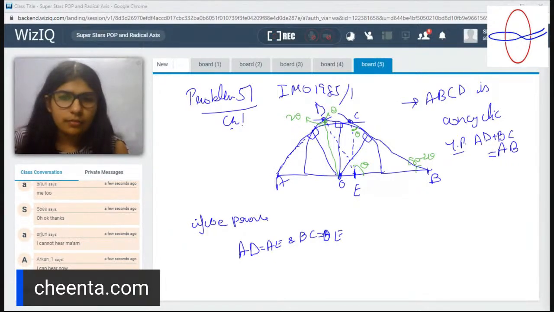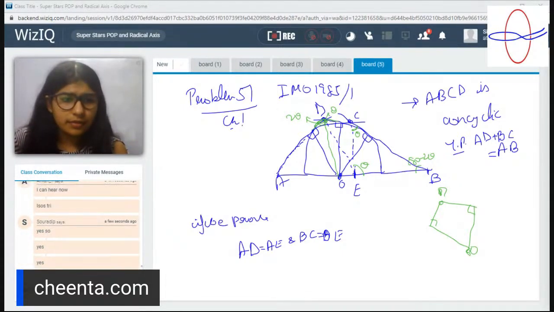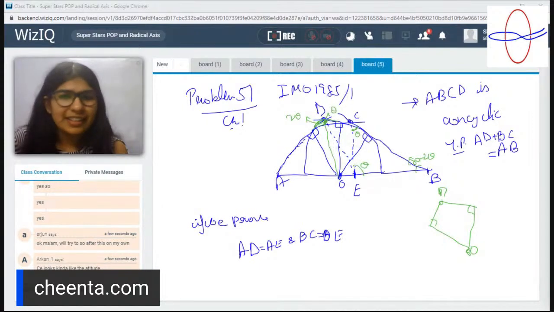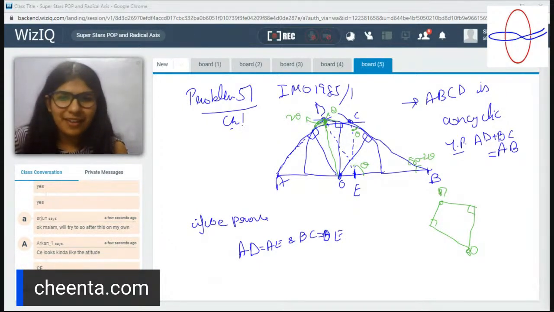Because these two are tangents from O, with the perpendicular component. This angle is theta, ODC is theta, and so is angle CED.